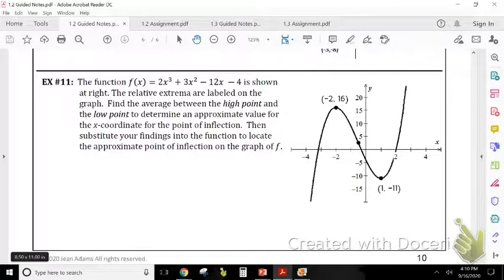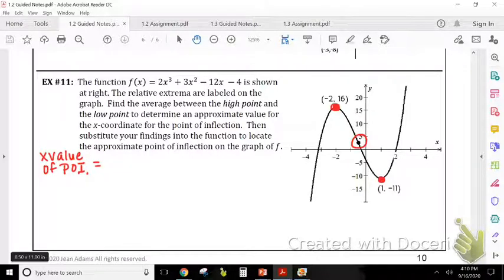All right, so to find our point of inflection, first thing we're going to do is go find the x value of it. So to find the x value of the point of inflection, I'll abbreviate it POI, we're going to take the average of the x values of that maximum and that minimum that are right there around it. So we can see here we have a local maximum, we've got a local minimum, so we know that somewhere in between here there's a point of inflection.